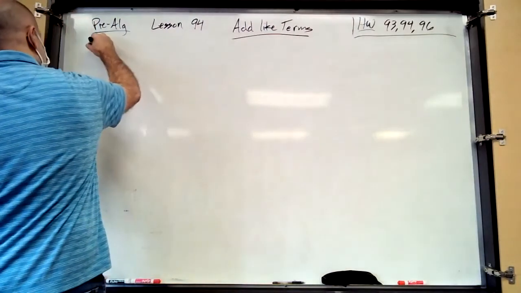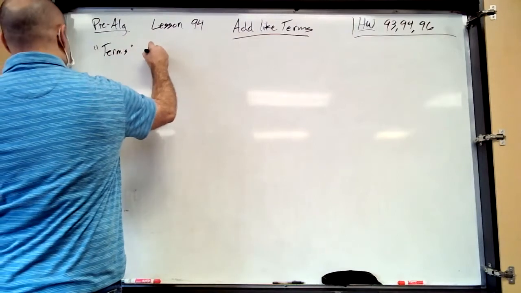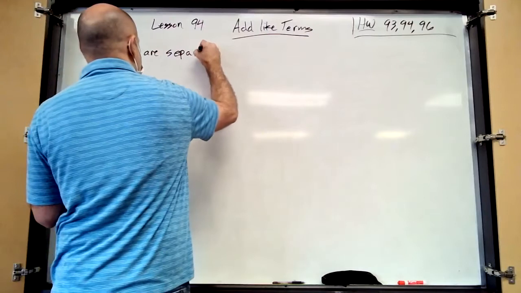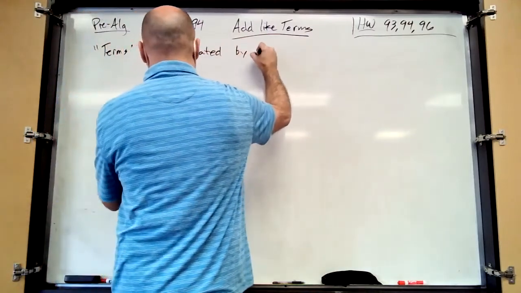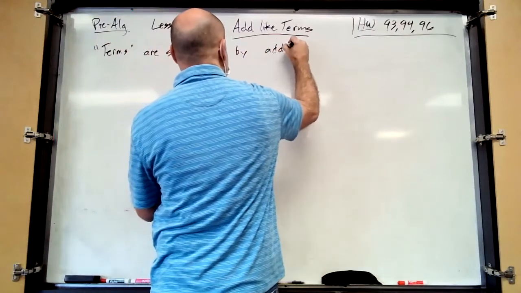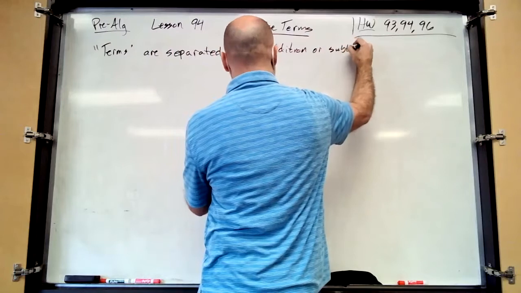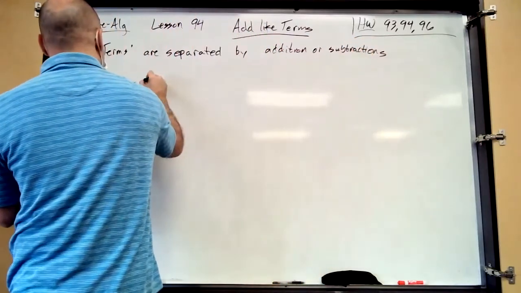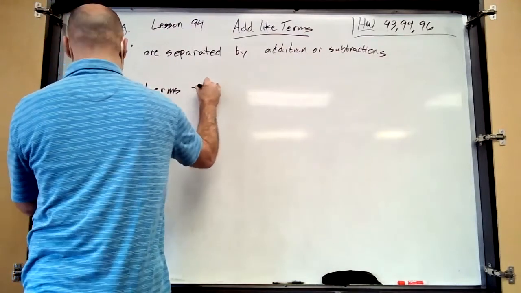So we talked about terms a little bit. Terms are separated by addition and subtraction symbols. Okay, so terms are added or subtracted. So for example, how many terms am I going to put on the board here?